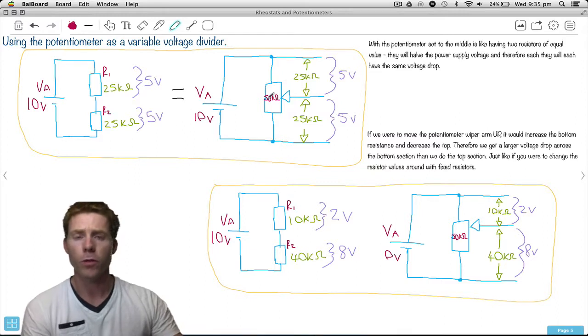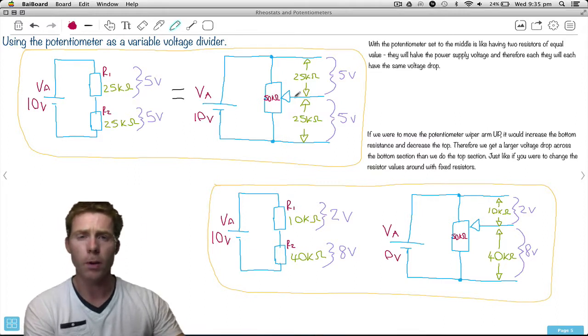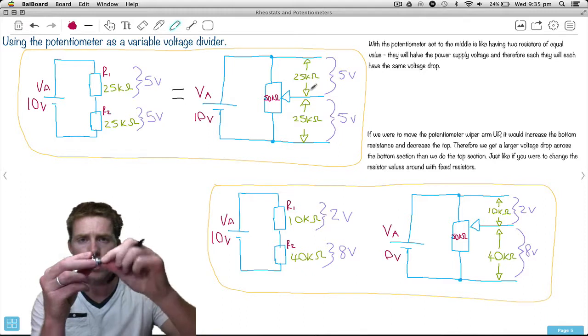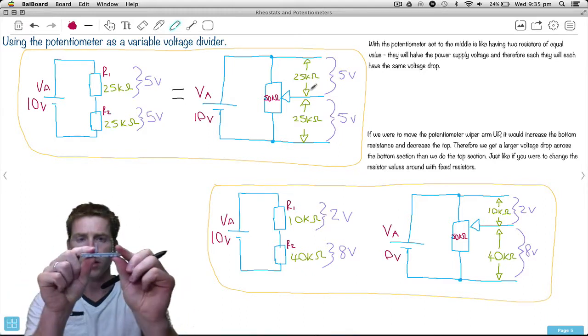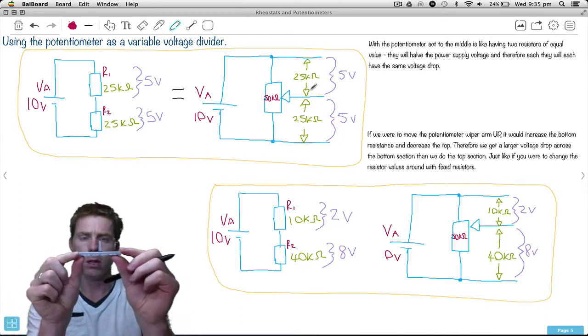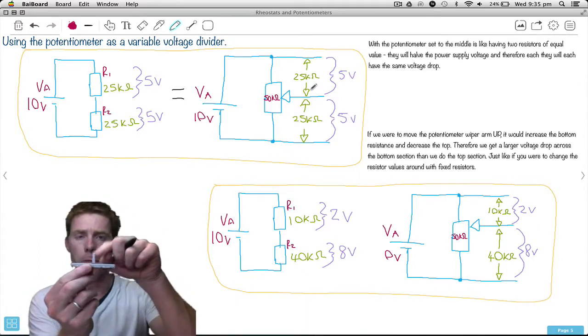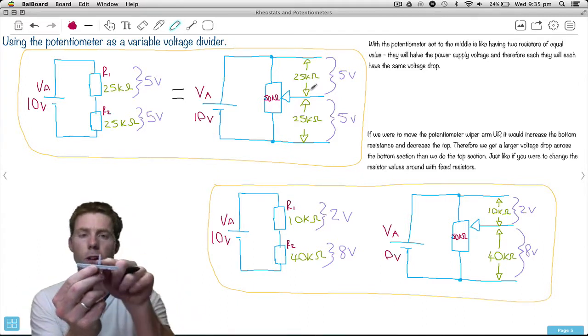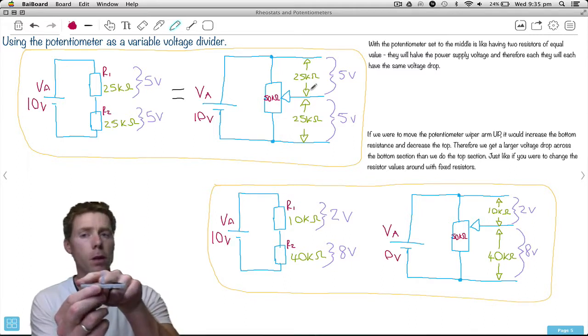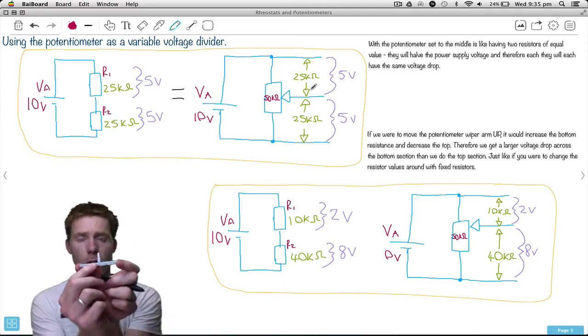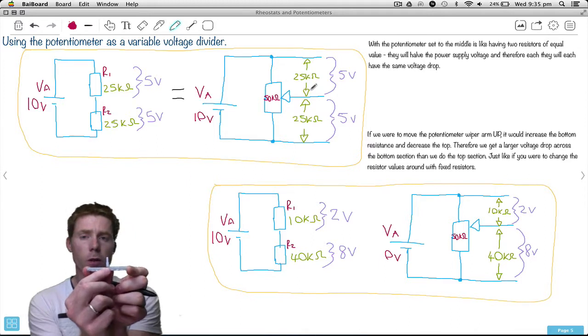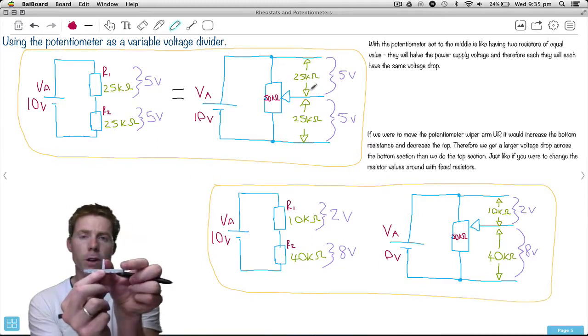If we were to purchase a 50K resistor and put the wiper arm right in the middle, there'll be 25K between the wiper arm and this side, and 25K between the wiper arm and this side. If we apply 10 volts to the whole thing, you're going to get 5 volts there, 5 volts there.